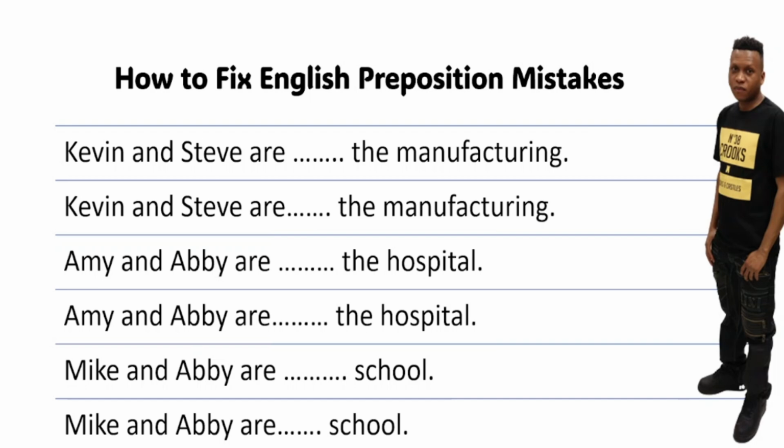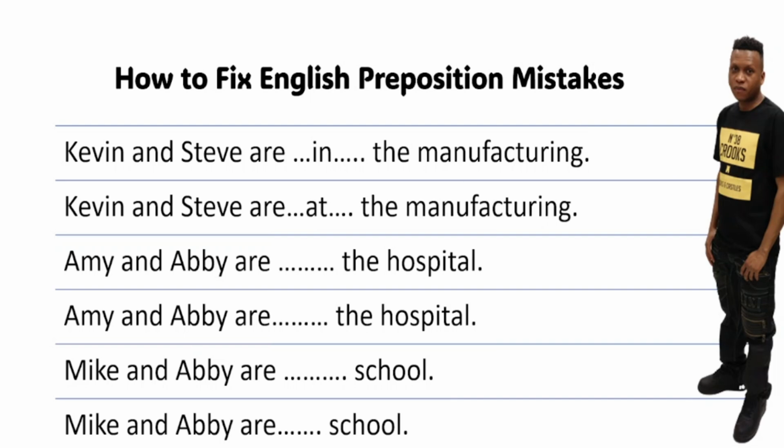If you take a look, we can use two prepositions here. Kevin and Steve are in the manufacturing. Kevin and Steven are at the manufacturing. We can use at. Amy and Abby are in the hospital. Amy and Abby are at the hospital.